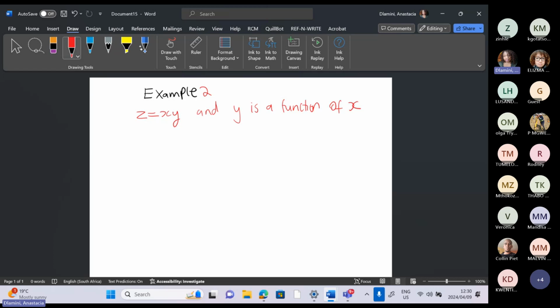When they say y is a function of x, what do they mean when we're going to differentiate? What is the meaning of that?